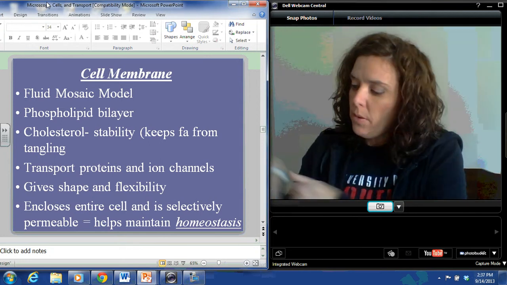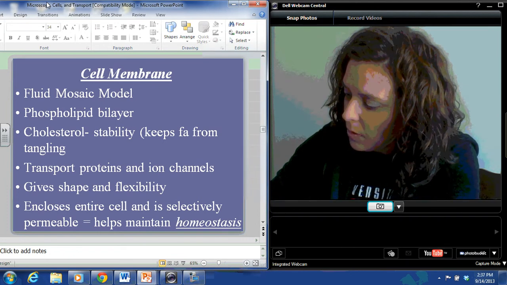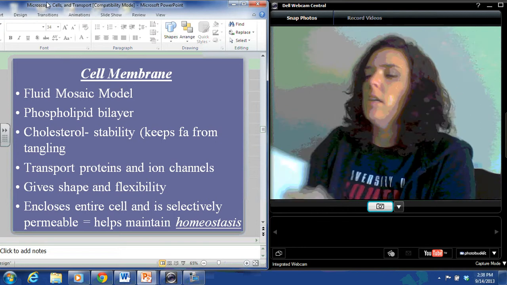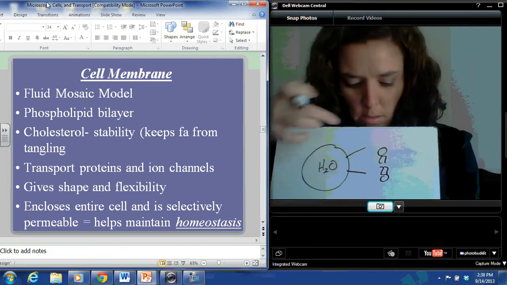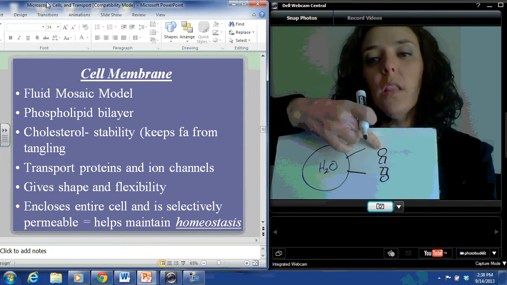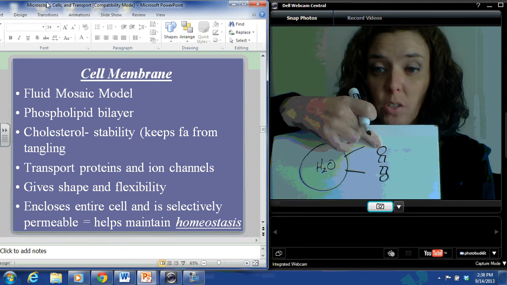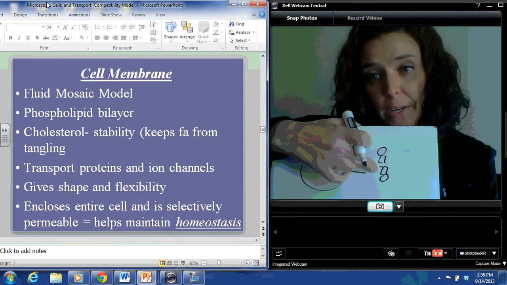Okay, so if I were to expand this area, it would look like this all the way around. Okay, so remember that over here, the phosphate heads are hydrophilic, so they're attracted to water, and then the tails are hydrophobic, so they repel water.